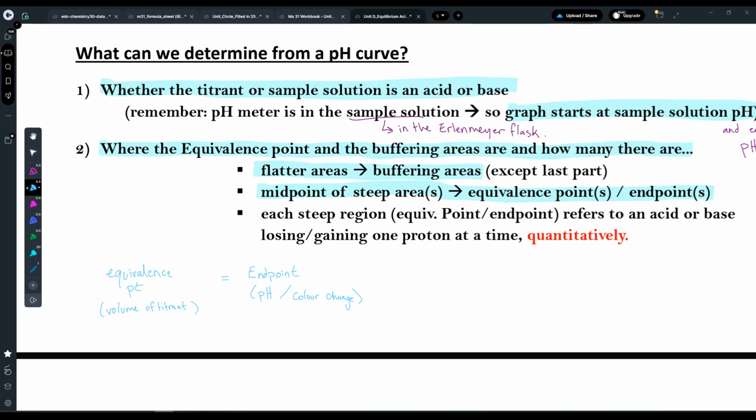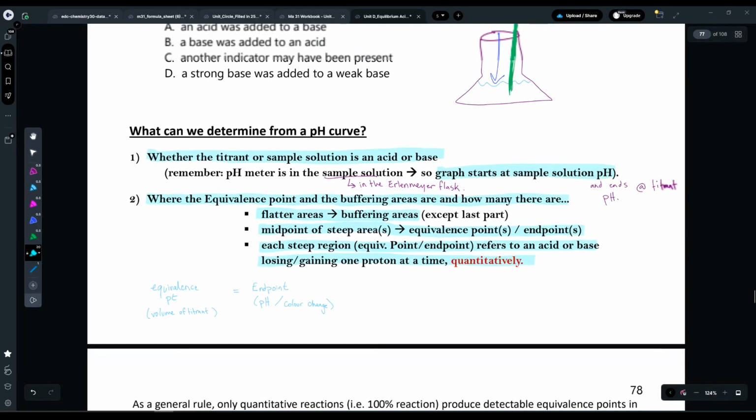Each steep region refers to an acid or a base losing or gaining one proton at a time quantitatively. Whether you're talking about an acid or a base, or losing or gaining one proton, just depends on what your sample solution pH is and what your titrant pH is.